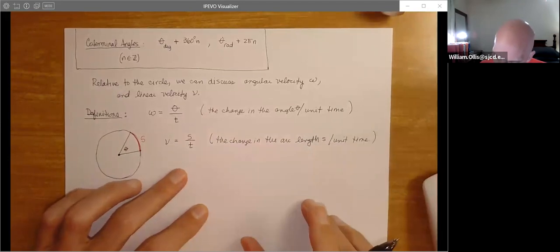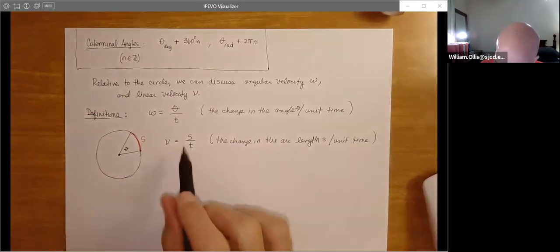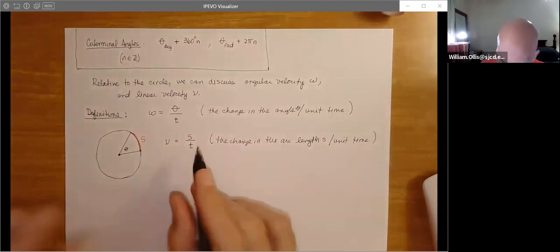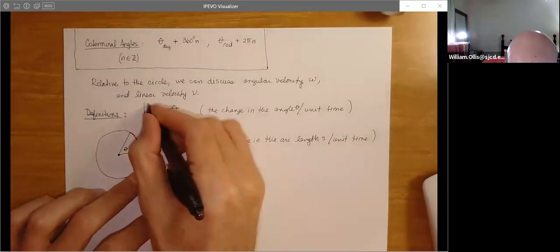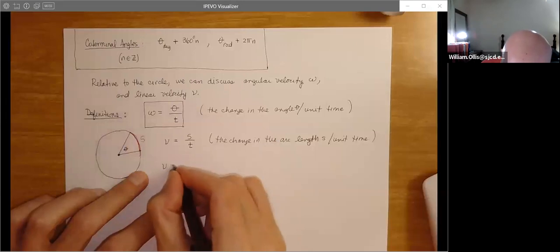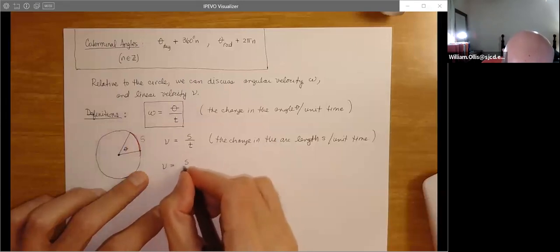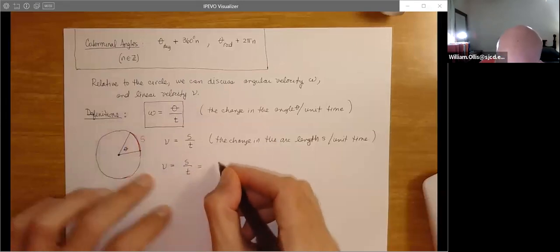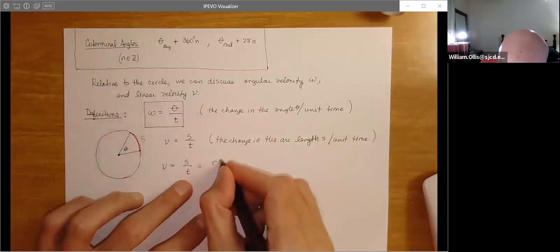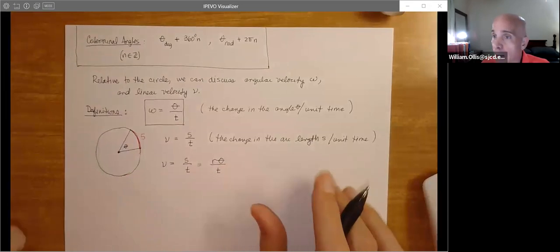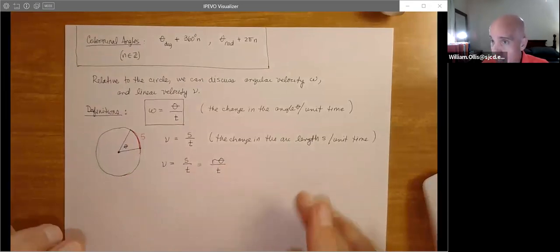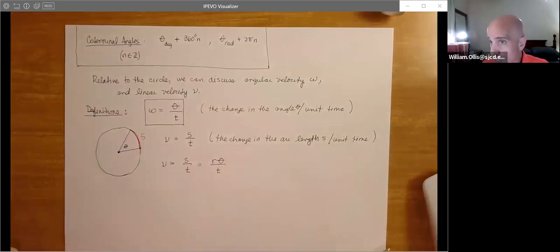These are just simple definitions, S per unit time. So when we think about this, we're like, okay, well, is this good? And there's nothing wrong with it, but no. So this is kind of standard here. But then we can say, well, S, we'll go ahead and write this again. We know this is just R theta. We already proved that. The arc length is just the radius times the angle measure in radians.